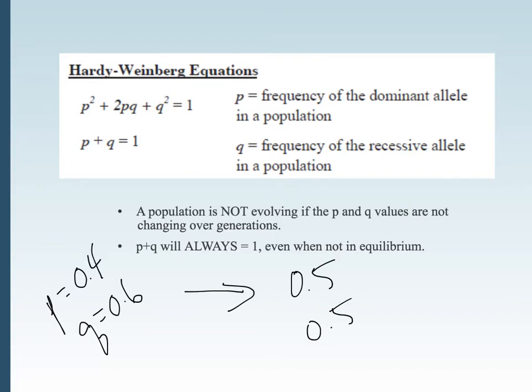This indicates that there is evolution occurring. Then you go back to those 5 conditions and you see which one's being violated. If, in contrast, 10 years after collecting your original data, you go back and you find the same numbers again, then you can say, okay, this population is in Hardy-Weinberg equilibrium for this particular gene, and indeed it is not evolving when it comes to this particular trait.